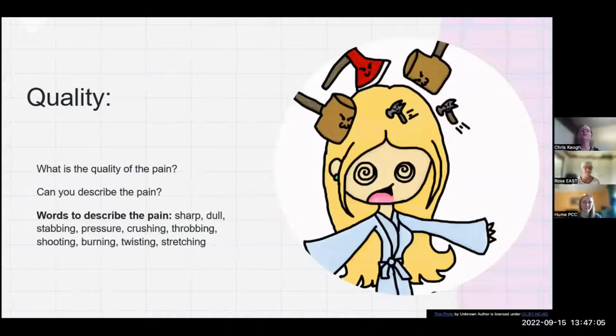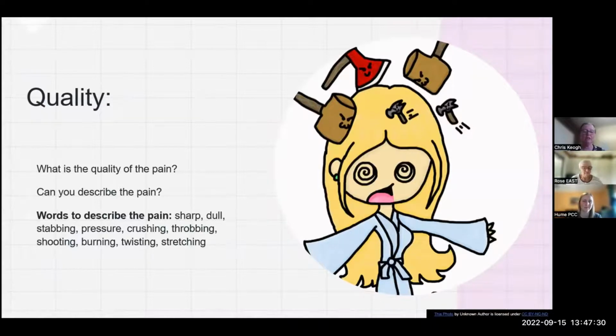So when we're looking at quality, we're looking at the sense of how that pain feels. What is the quality of it? Can you describe it? We try and get people to describe their own pain, but sometimes we might need to prompt them. Is it sharp, dull, stabbing?